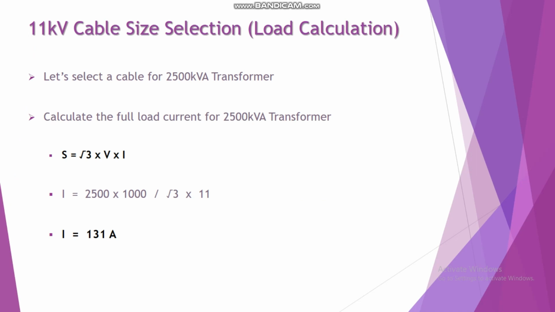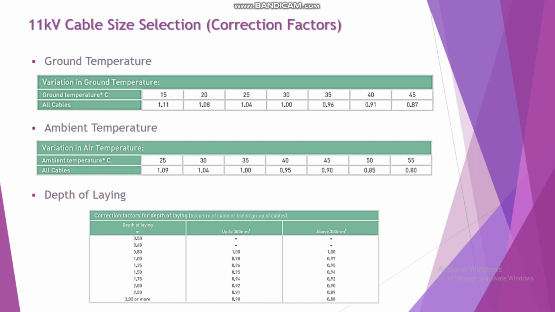Here we will mention the 11 kV side of the system. So we select 11 kV instead of 415 V because we are calculating on the high voltage side. So the full load current would be around 131 amperes. Let's go to the next slide.